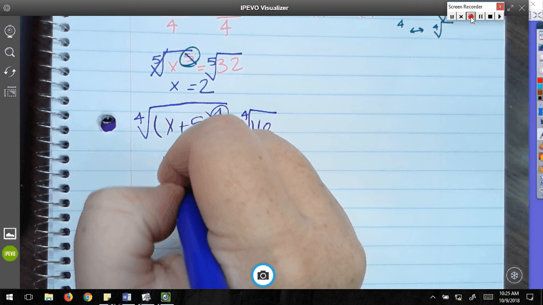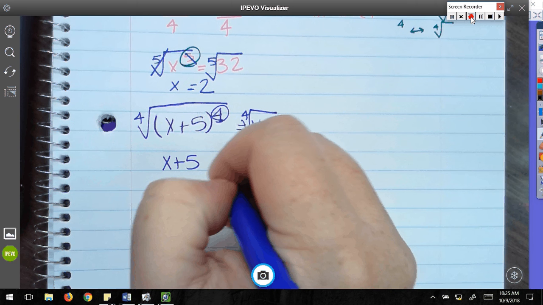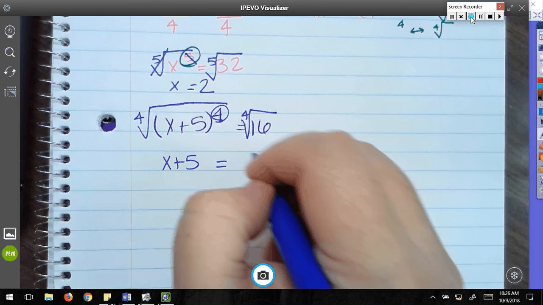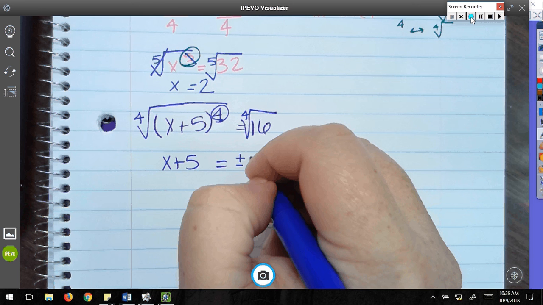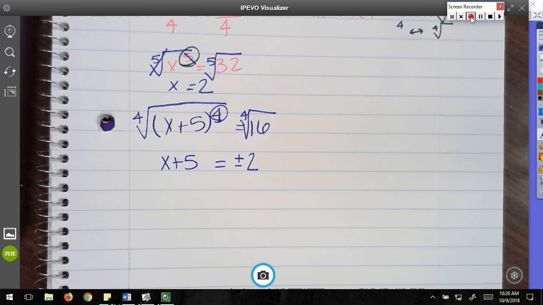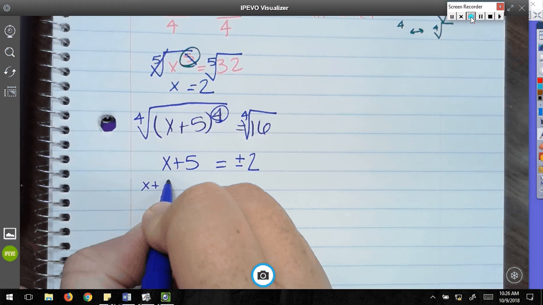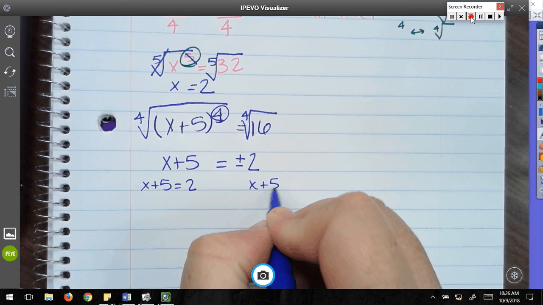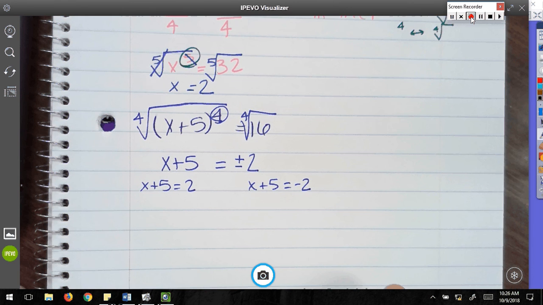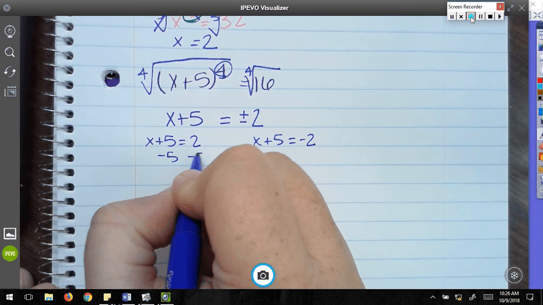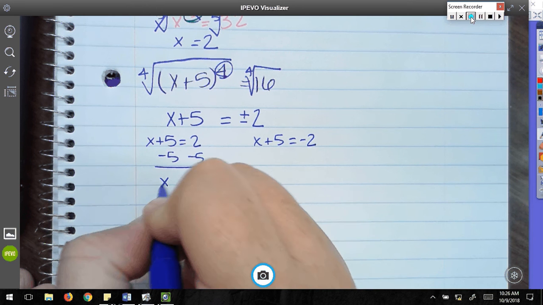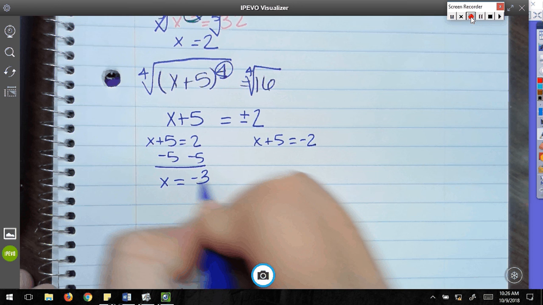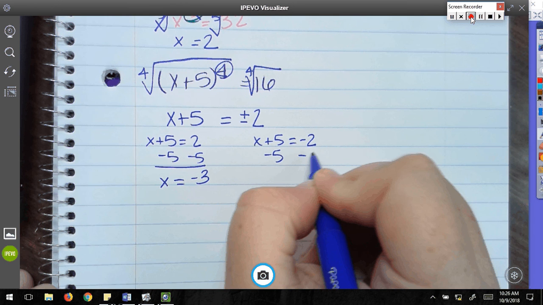Because this is a 4th root, that's an even root, this is actually plus or minus 2. Okay? Remember, odd roots keep the sign, even roots plus or minus, and it's got to be positive. So really what this says is x plus 5 is 2, or x plus 5 is negative 2. And then of course I have a one-step linear equation. I can subtract 5 and know that x is negative 3, and I can subtract 5 and know that x is negative 7.